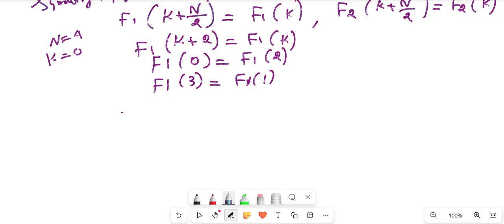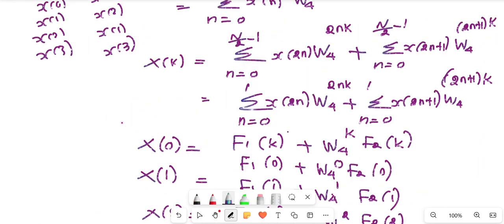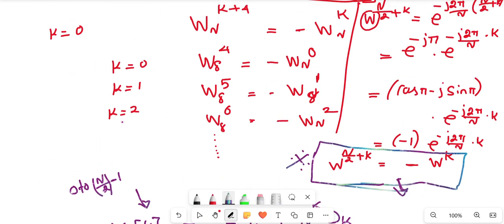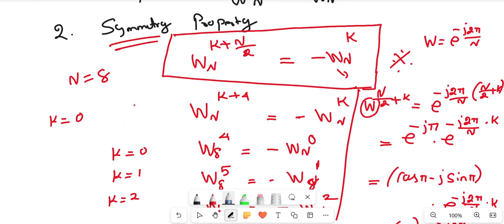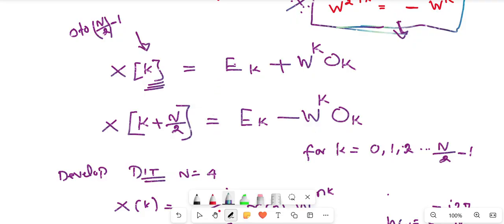In the next section, we will discuss the 8-point decomposition in detail, how it is reduced.